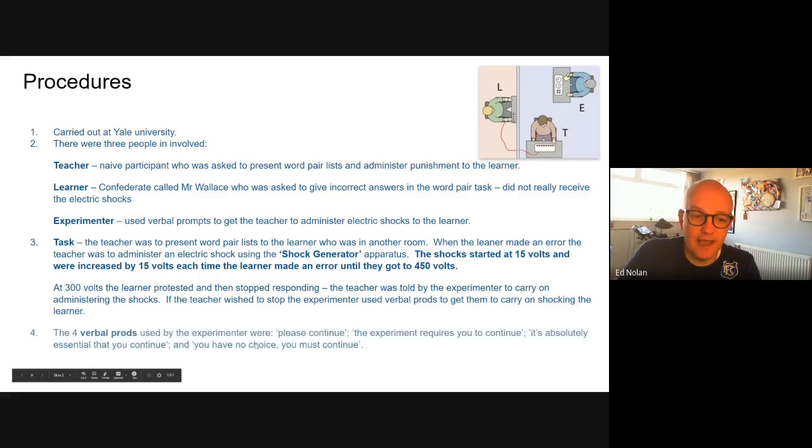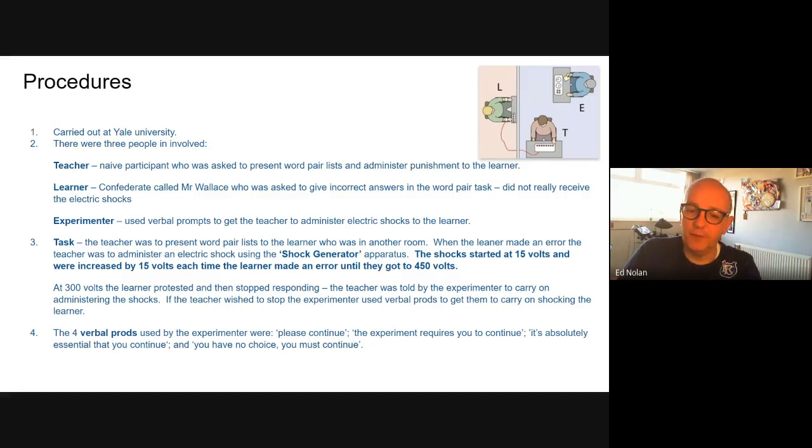Now, if the teacher was to stop administering the shocks, the experimenter had 4 different verbal prods to use, in order. This was to try and standardize, to keep things reliable.